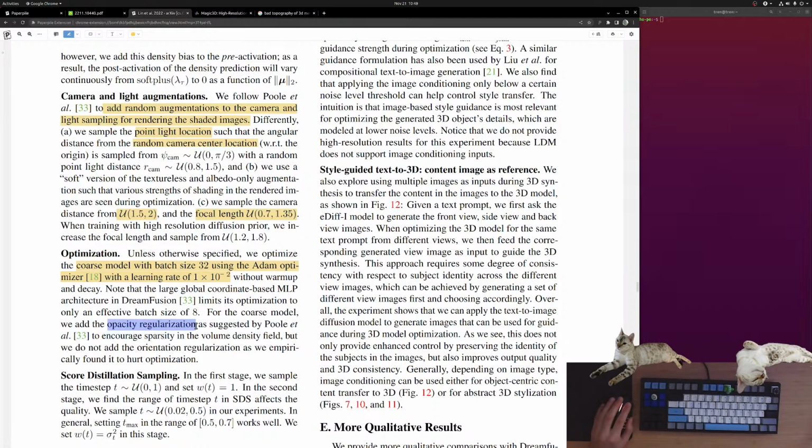Opacity regularization. There's an additional regularization that discourages high opacity, which makes the volume more sparse.